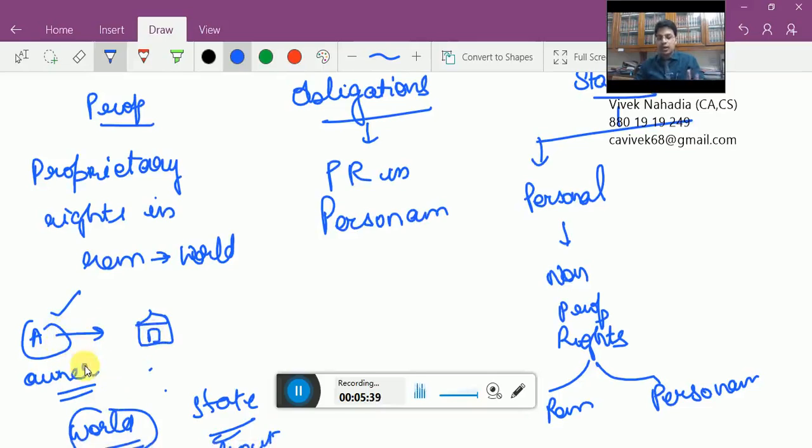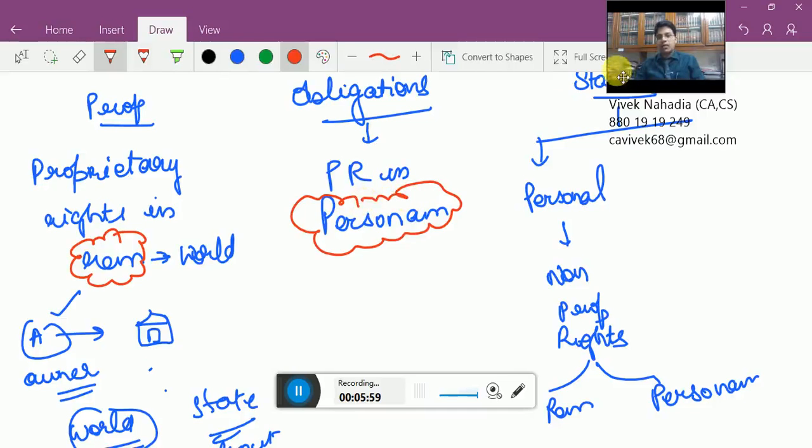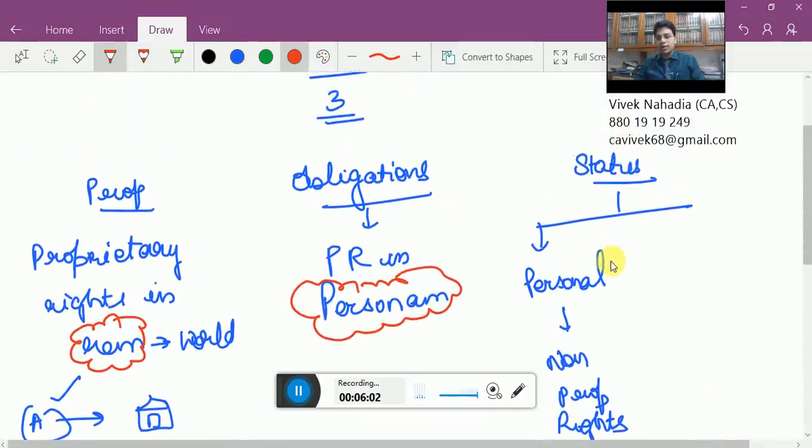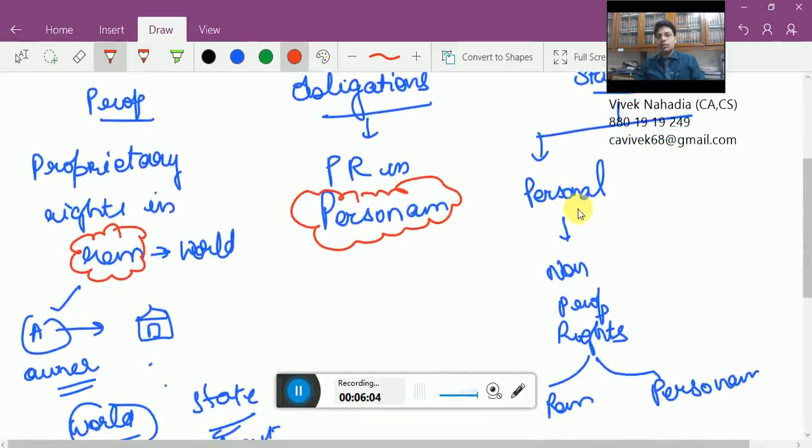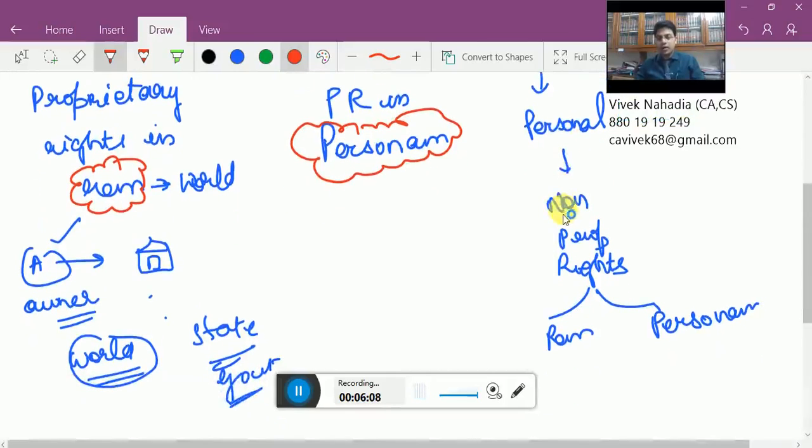If there is any issue, then the state will come and protect A's right over that house. Then the law of obligations talks about proprietary rights in personam. Then the third one is the law of status. It talks about personal or non-proprietary rights, and the non-proprietary rights can be in rem or in personam.